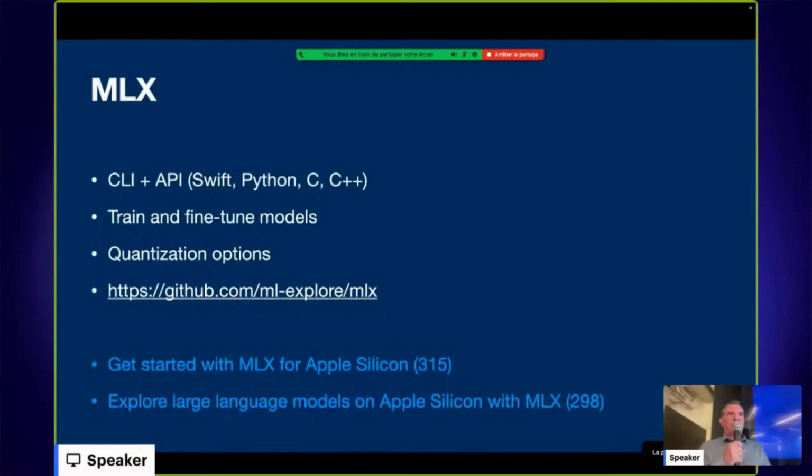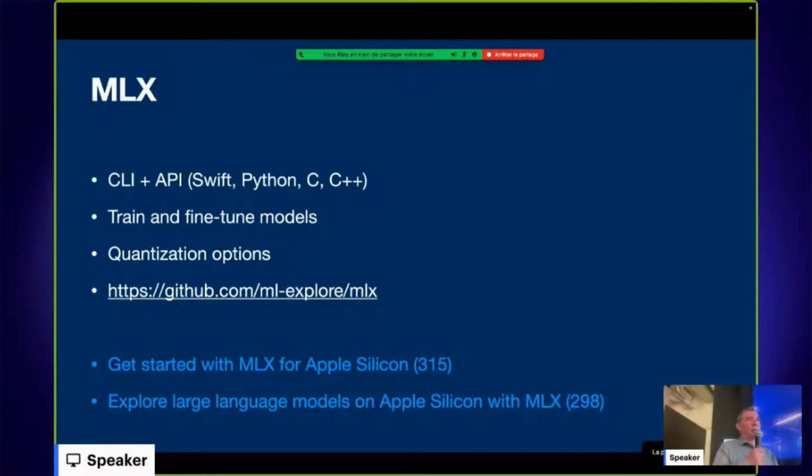Next, MLX. MLX is a way to train, retrain or quantize LLMs, large language models. It provides both a command line interface and an API in Swift, Python, C, and C++.